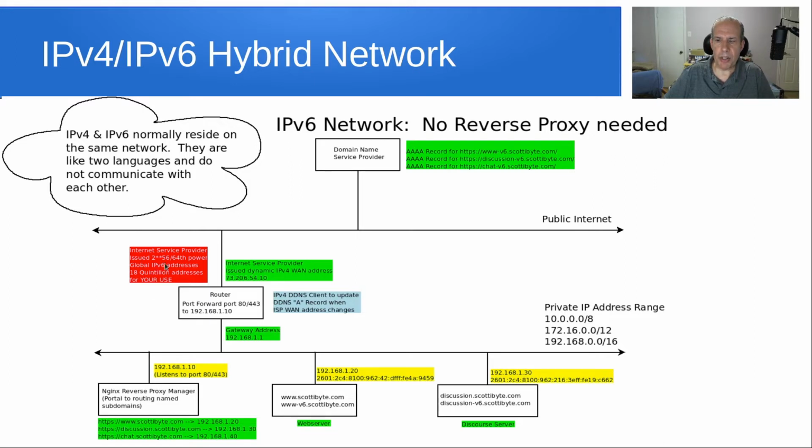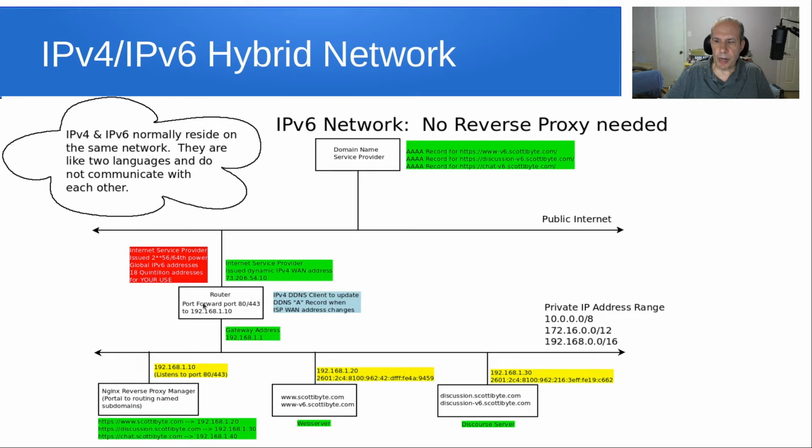And that range is anywhere between 2 to the 56th to 2 to the 64th power, depending upon the Internet Service Provider. And that's roughly 18 quintillion addresses for your personal use. Every single customer of an Internet Service Provider has 18 quintillion addresses that they can use, which are their own private addresses.